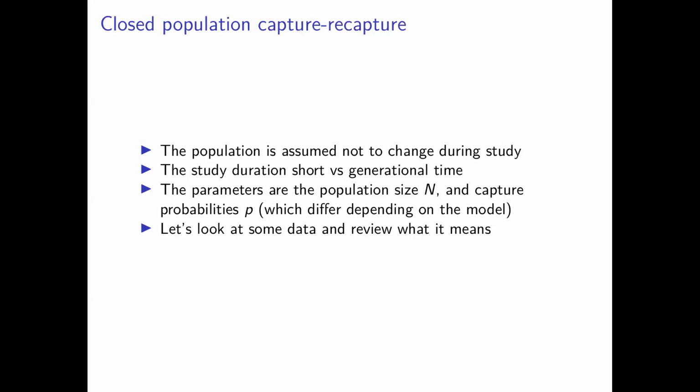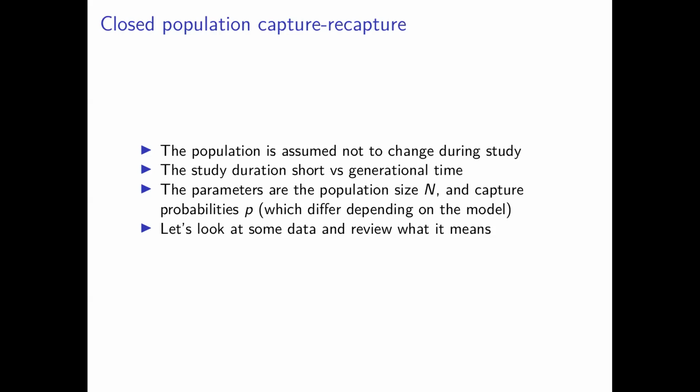Closed population capture-recapture is where you assume that the population doesn't change during the study. So your study duration has to be short versus the generational time of the animals. So it depends on the animals. If the animals live a very long time and reproduce slowly, you could have a study over years and assume that the population hasn't changed very much.